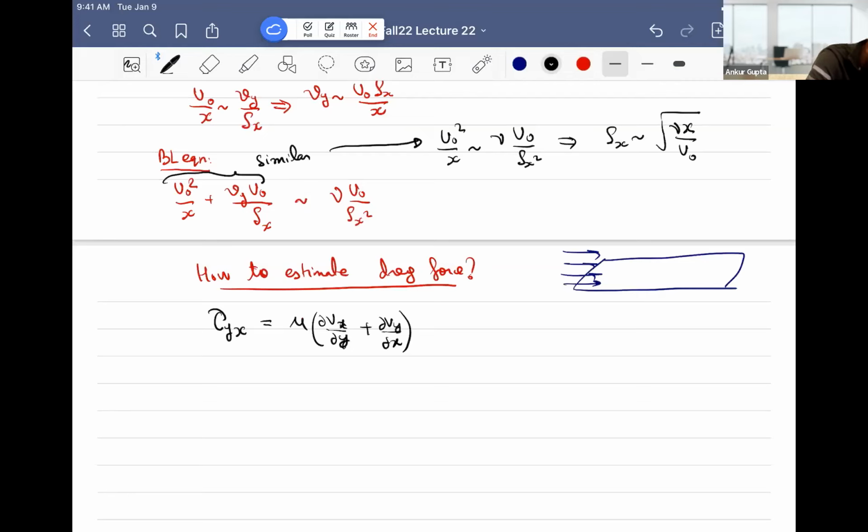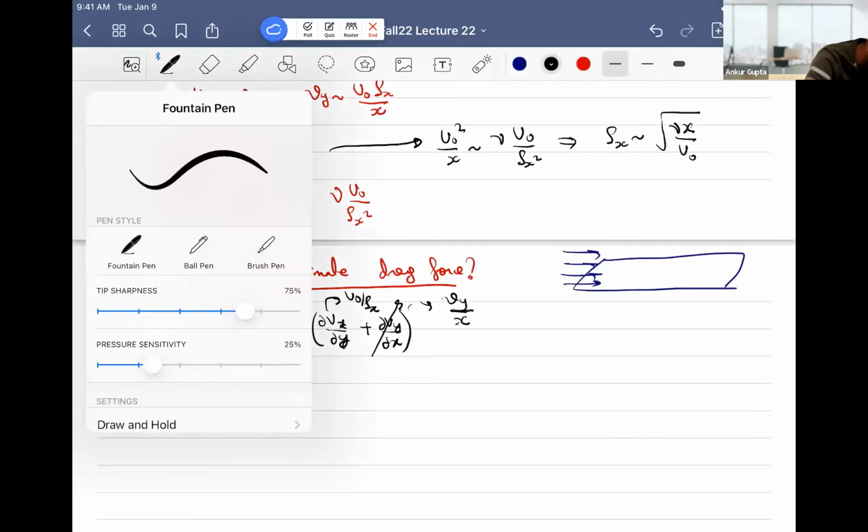I hope you can see that this term can be ignored, because this is v y by x, whereas this is u naught by delta x. And we know that u naught is much bigger, so it is clear that we can relate them and this number will come out to be small.